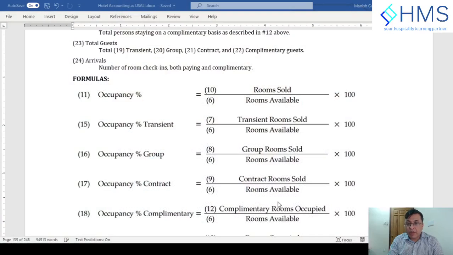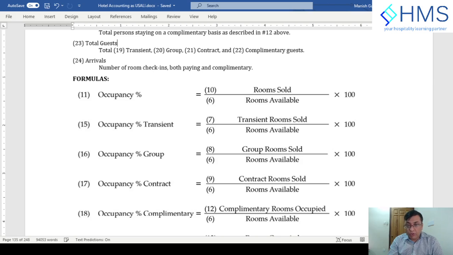Now the first formula, as you will see here, is the occupancy percentage. Occupancy percentage is calculated by rooms sold, which is the paid rooms sold, divided by the rooms available. Now this occupancy percentage includes everything: transient occupancy, group occupancy, contract occupancy, and also the occupancy percentage for complementary.